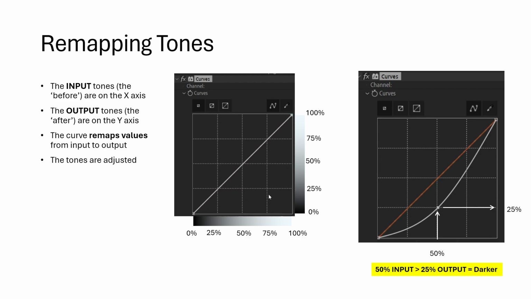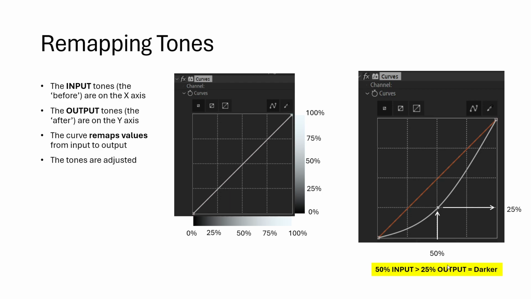Similarly with 50, 75 and 100. If we change the curve, if we drag it in a particular way, in this case I've dragged it down onto that line, what was 50% grey on the input has now been mapped to 25% grey on the output, which means that it is a darker image.